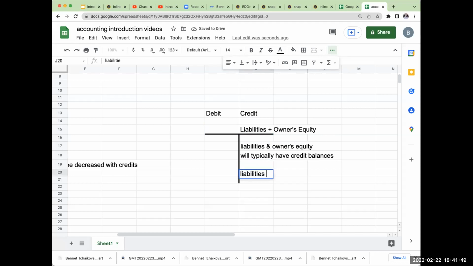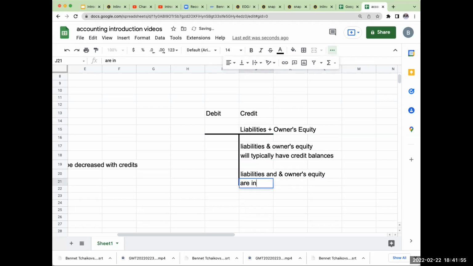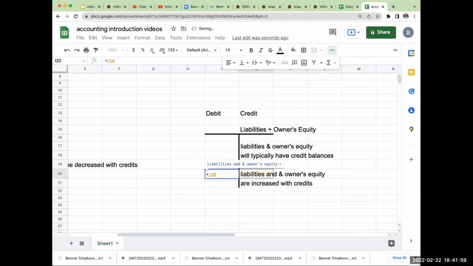They are increased with credits, and our liabilities plus owner's equity are decreased with debits.